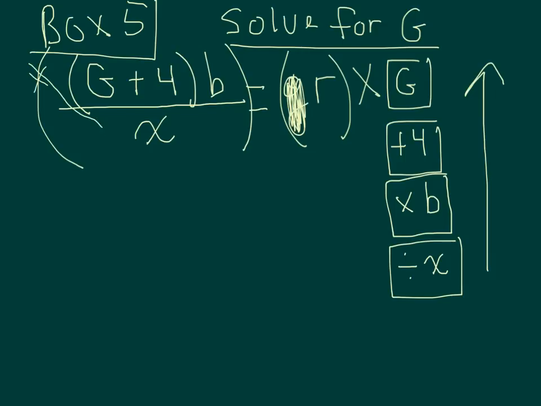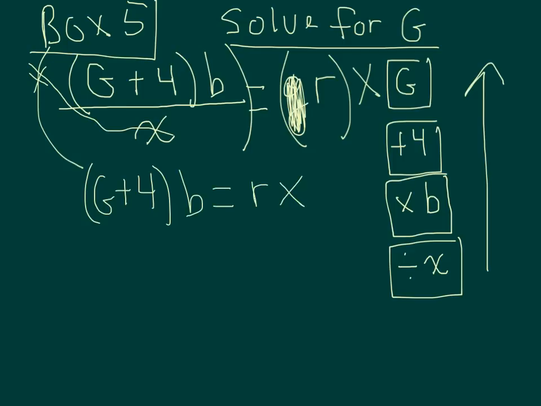These two are going to cancel. So we get G plus 4, the sum of that times B equals RX.